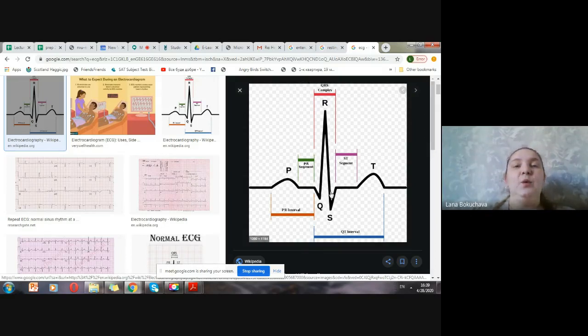But that depolarization is so strong, because the ventricles are larger than the atria, that the wave of atrial repolarization, when it goes back to resting conditions, is not seen.